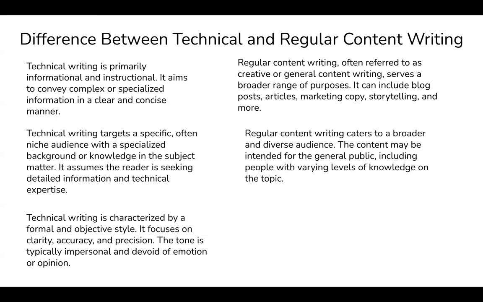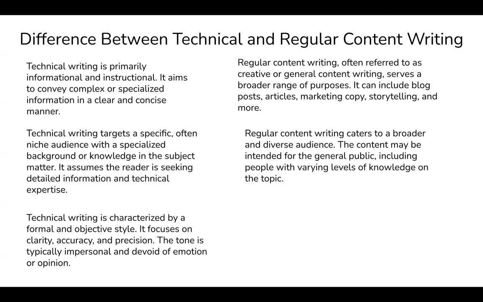For example, if you're writing on how to integrate Flutterwave APIs into your application, you have to be clear. The reader has to be able to understand. You need accurate, concise, and correct code examples that the person can use. And for precision, you target that problem and the problem alone.